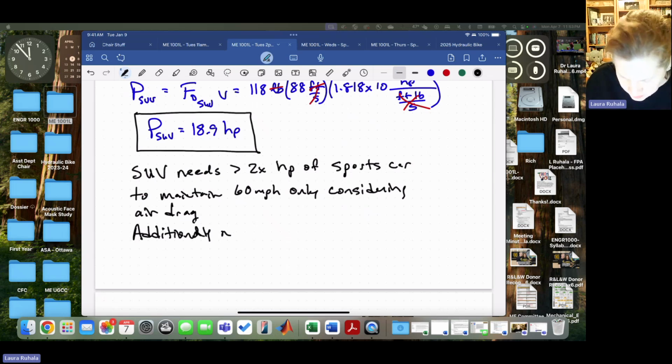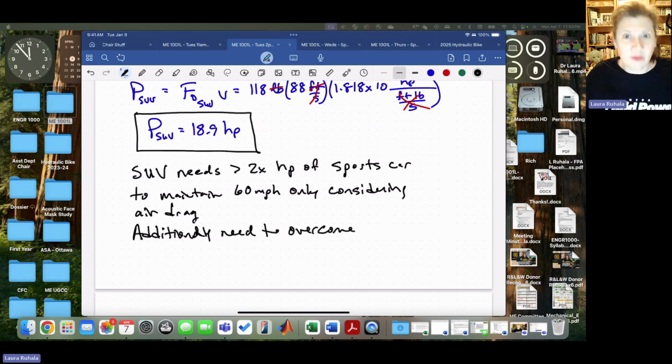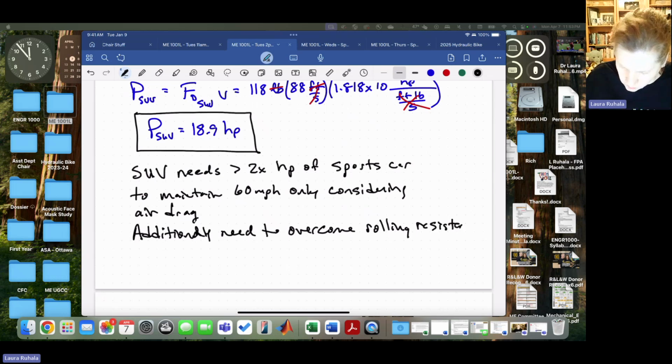Additionally, we need to overcome the rolling resistance and friction in the system. Lots of friction in the system. And you could possibly have gravity if you're going up an incline. That would be something else you'd have to overcome. So I'll say possibly gravity if on an incline.